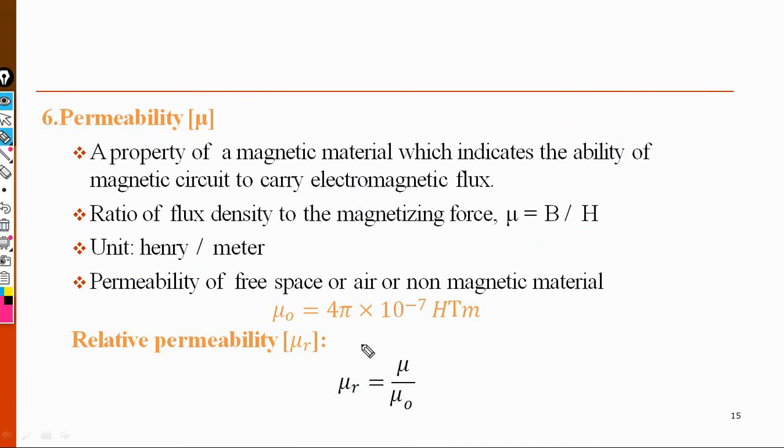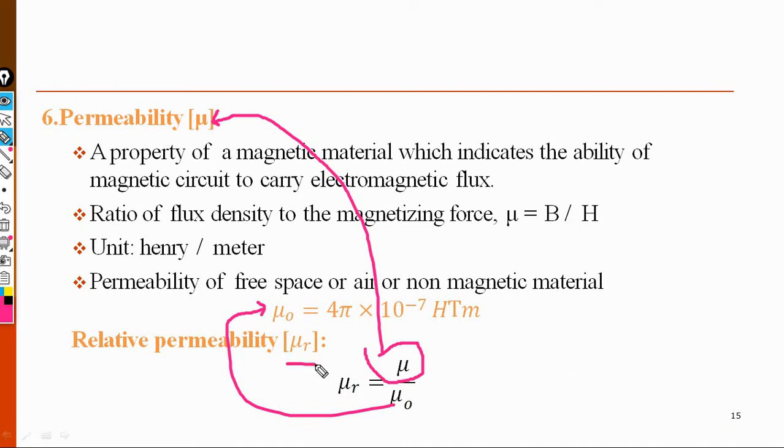This mu means permeability, and mu 0 is the permeability of free space. This is the formula of relative permeability, symbol mu r.